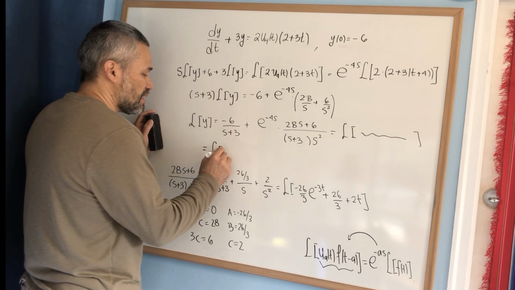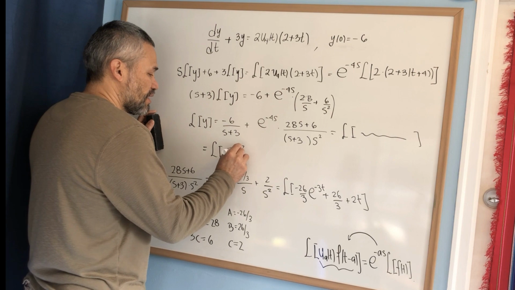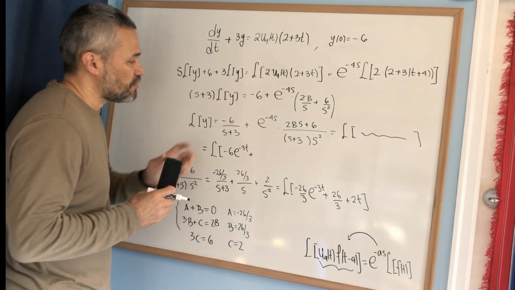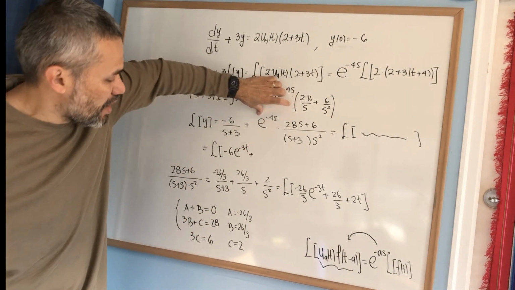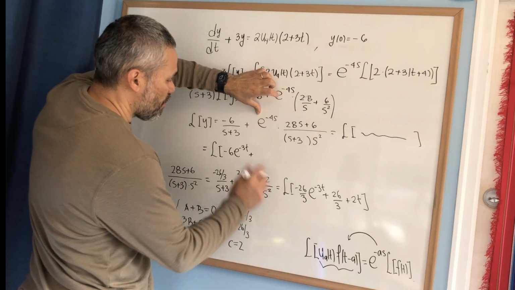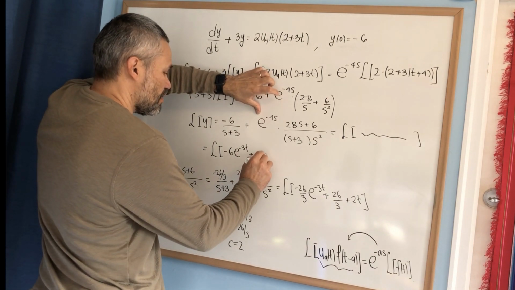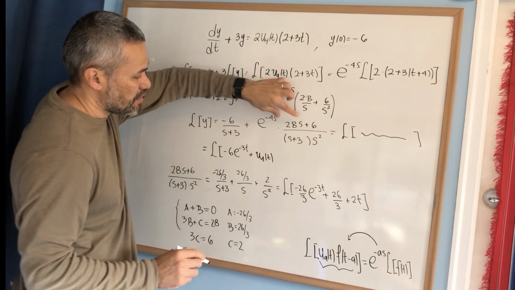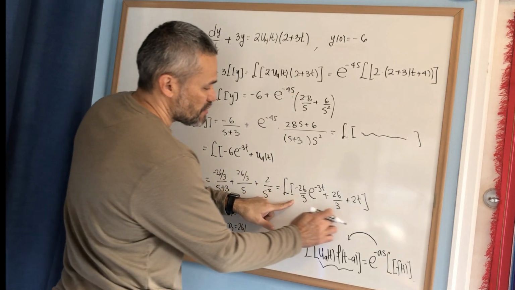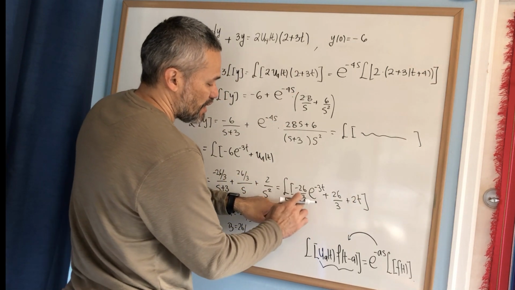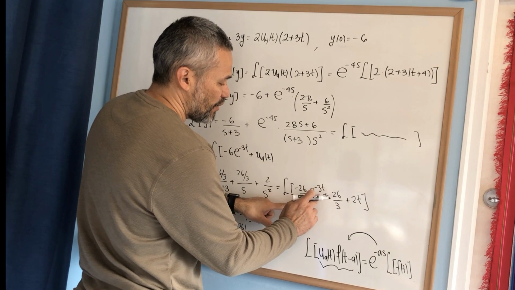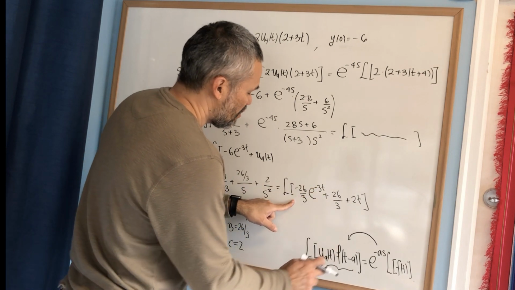This part is just negative 6 e to the negative 3t, and for this part, we're going to have a u4 of t, right? And we need to change this function, anytime we see that t, we need to write t minus 4.